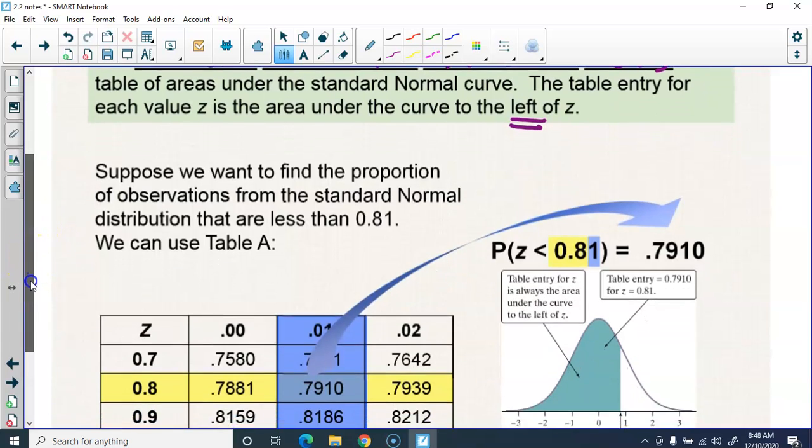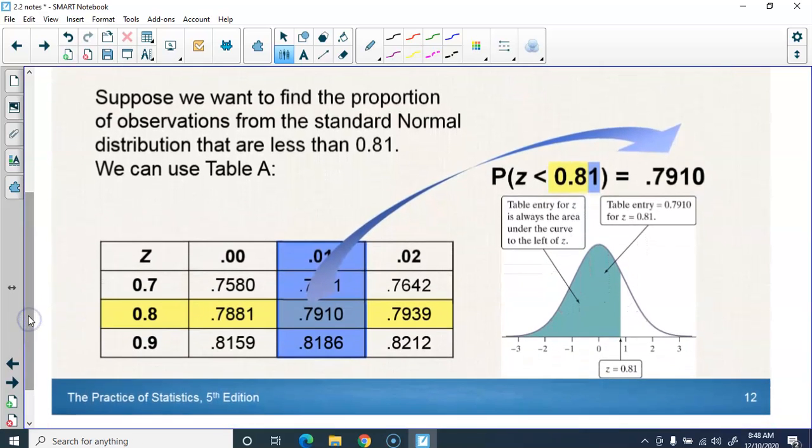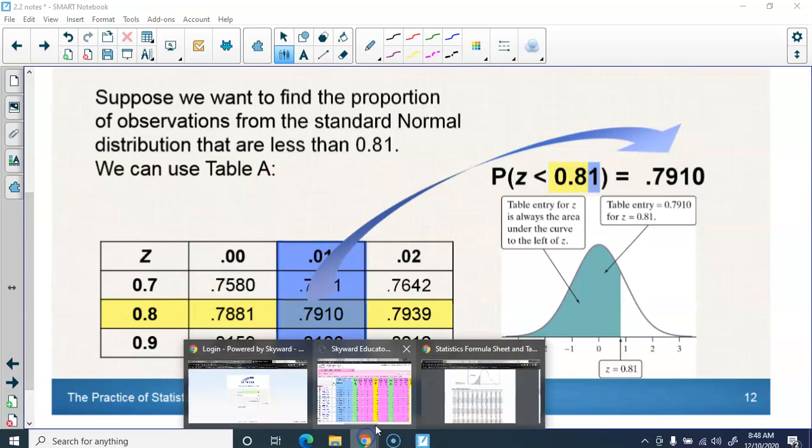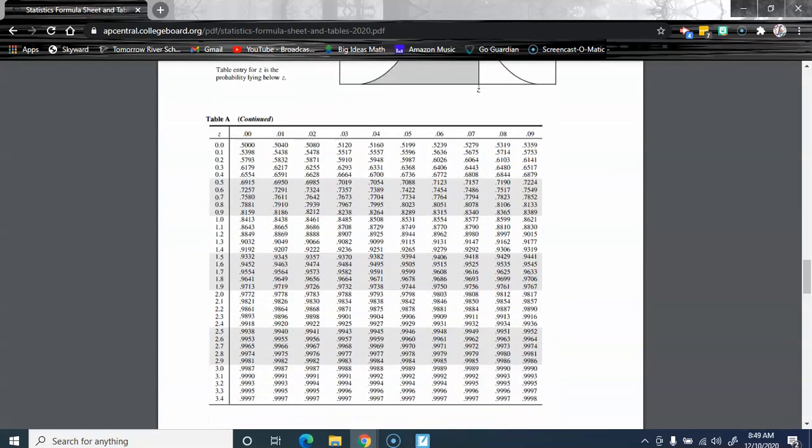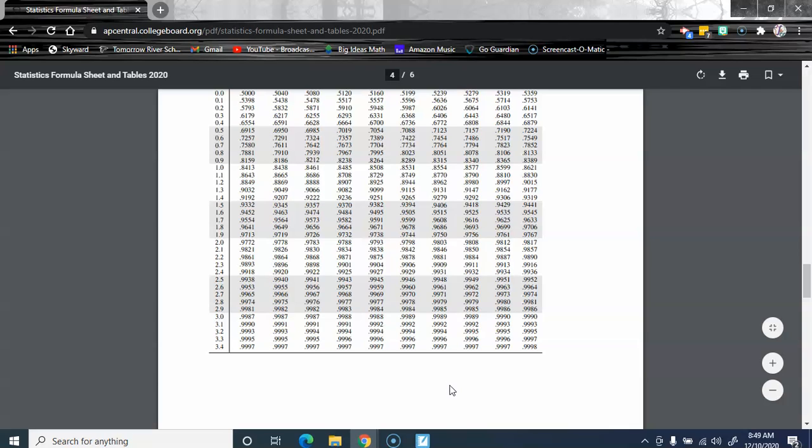So suppose we want to find the proportion of observations that are less than 0.81. Here's my picture. So 0.81 is going to be to the right of the peak before the curvature change. So here's 0.81 roughly. We can shade the area to the left because that's what we're trying to find. And then on our table, here they show exactly what row. Okay, we're going to look at the positive z values. 0.8 is here, right?